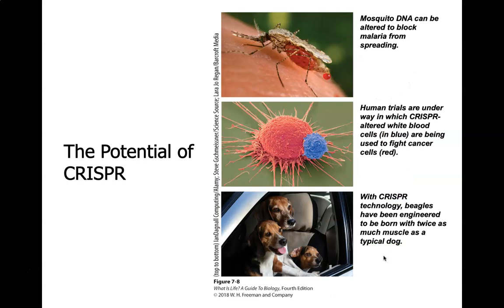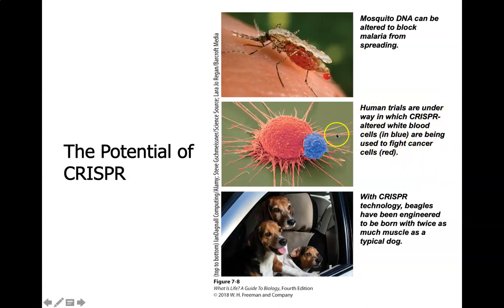So there are lots of really cool potential uses. One example is altering mosquito DNA to block malaria spreading, to block the pathways that actually help to spread malaria. Human trials are going on in which CRISPR was used in order to fight cancer.